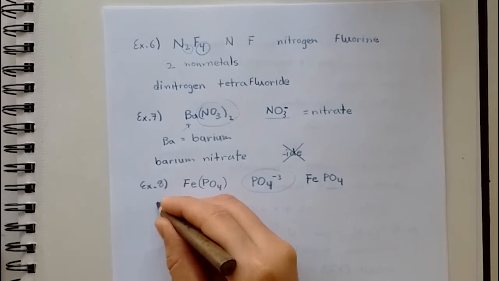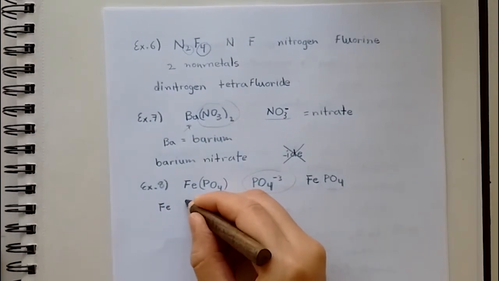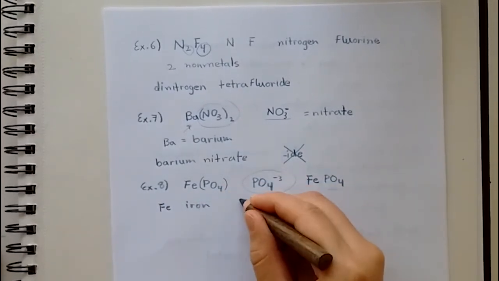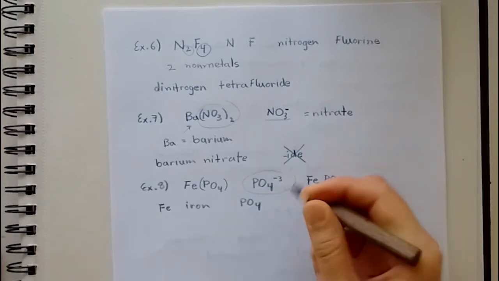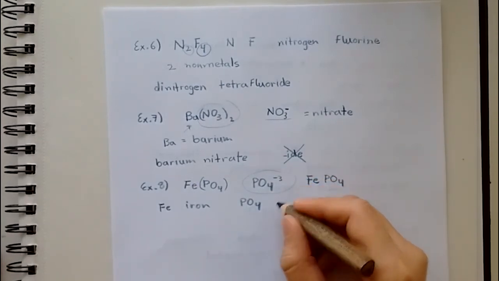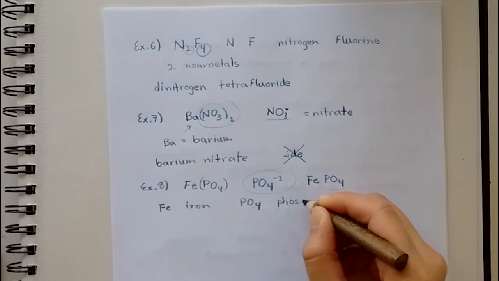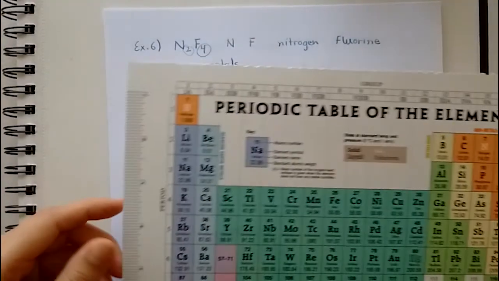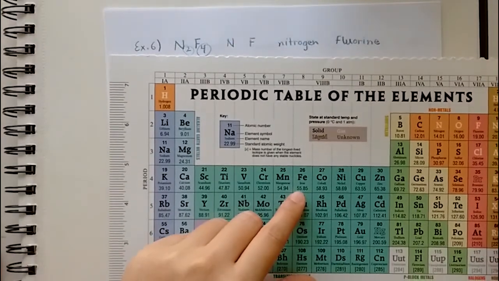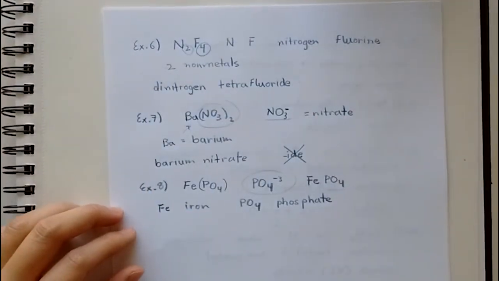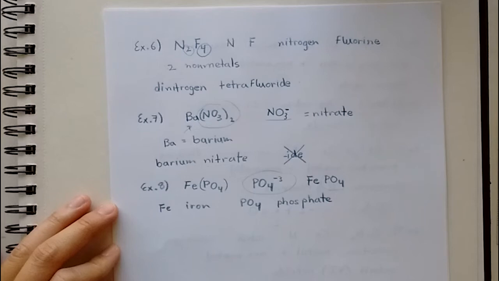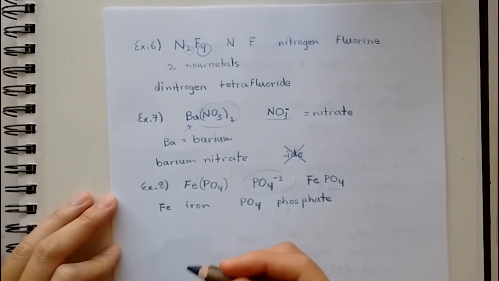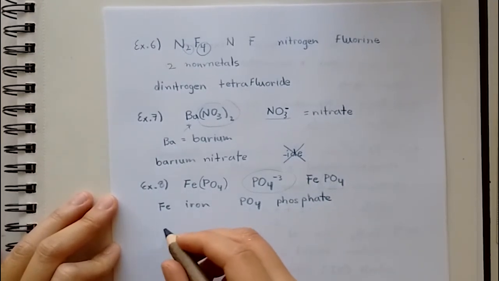So in this case, we know that Fe is iron, and that PO4 is phosphate. Looking at the periodic table, we can see that iron is a transition metal, which means that we have to add its charge in Roman numerals inside parentheses.